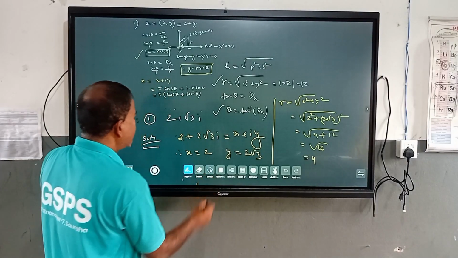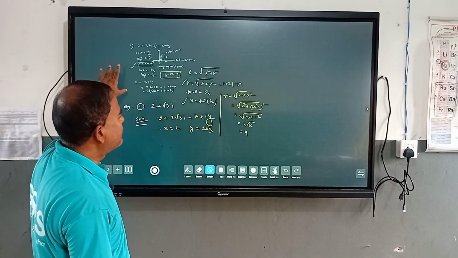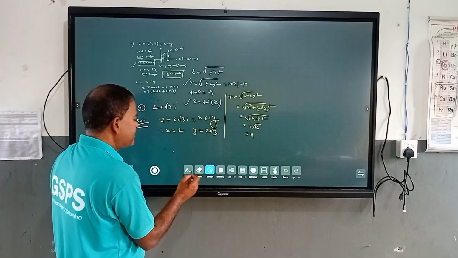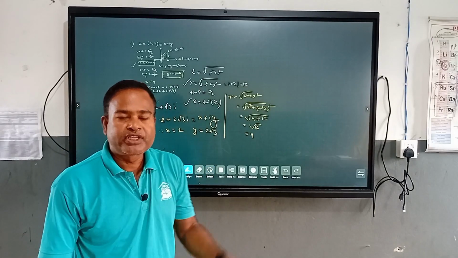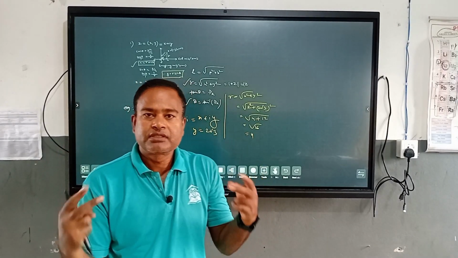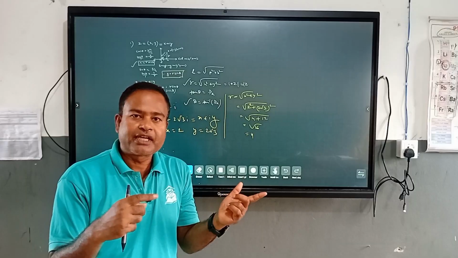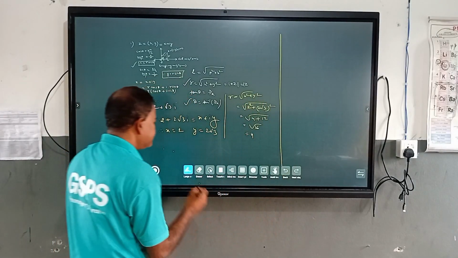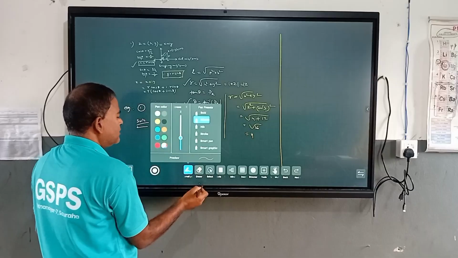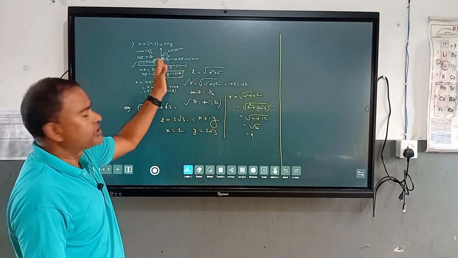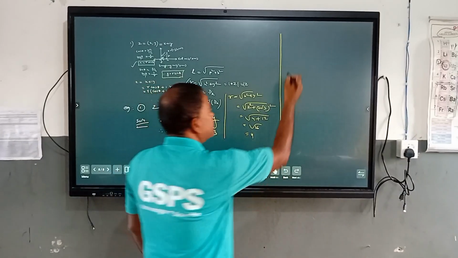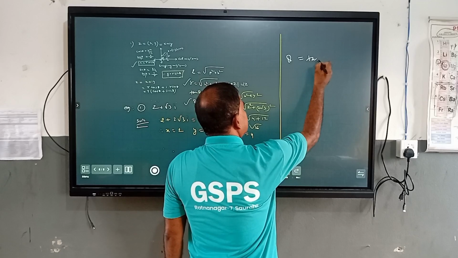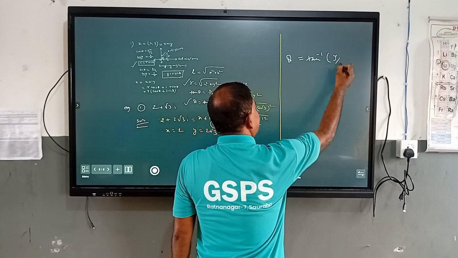Now next we are going to find the amplitude of the complex number. So we need two coordinates, one r and the other theta. So dear students, we know that the amplitude, that means theta, equals tan inverse y by x.